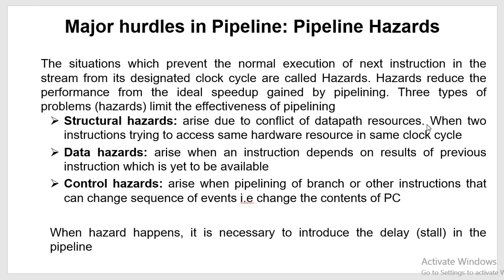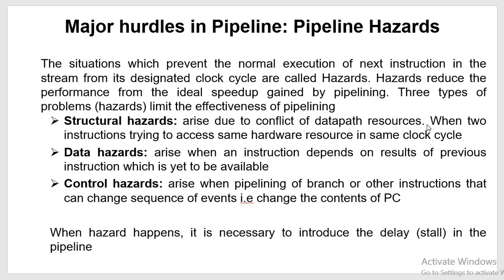For example, suppose we have one memory, and two different instructions want to access the same memory within the same cycle. The hurdle that occurs due to this situation is called a structural hazard.